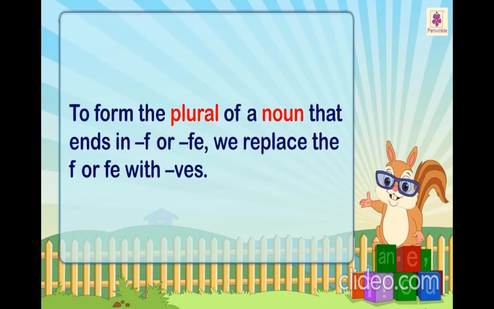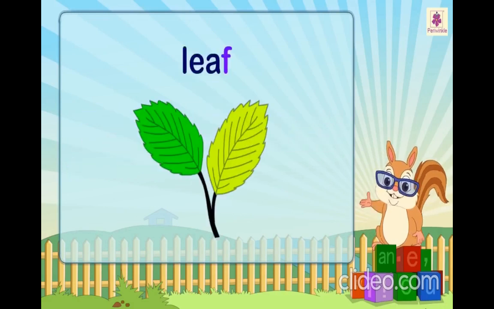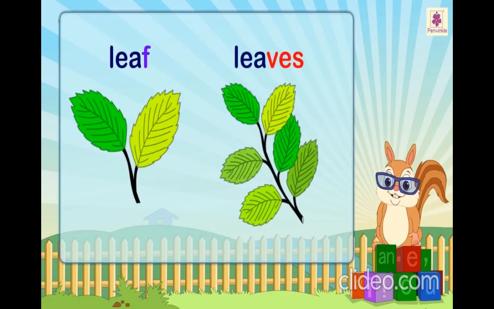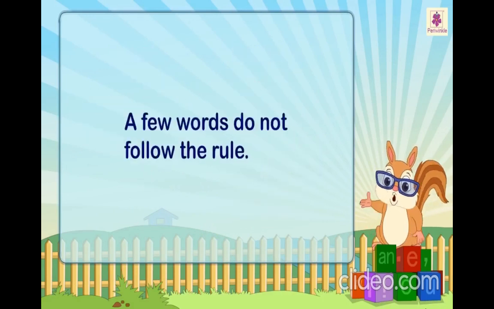To form the plural of a noun that ends in f or fe, we replace the f or fe with ves. For example, leaf, leaves. A few words do not follow the rule.